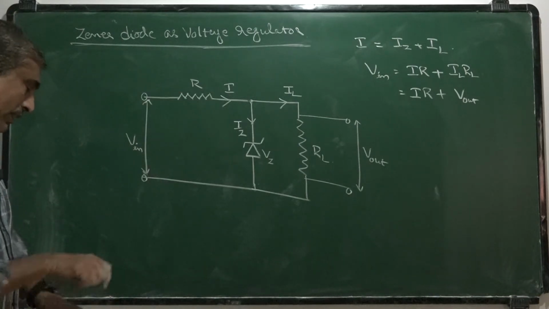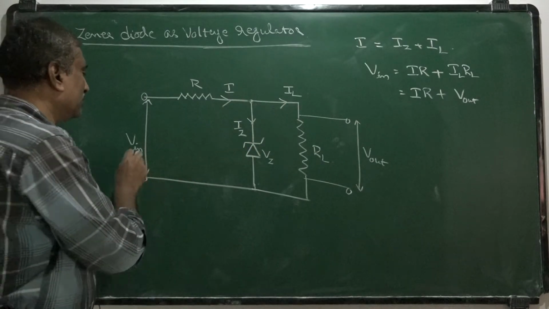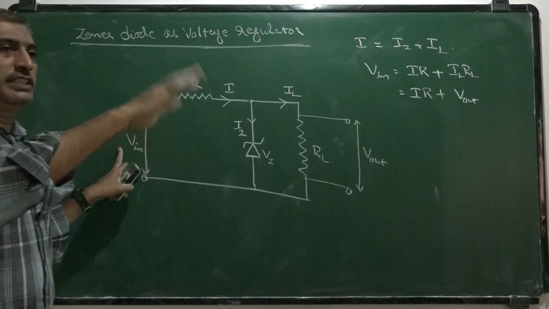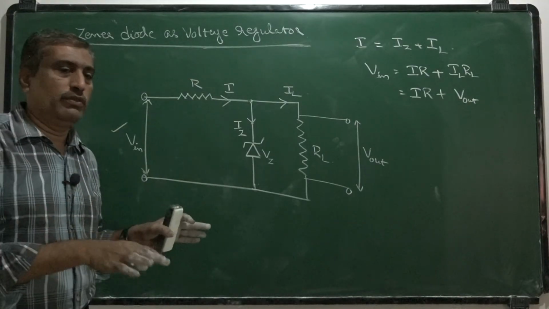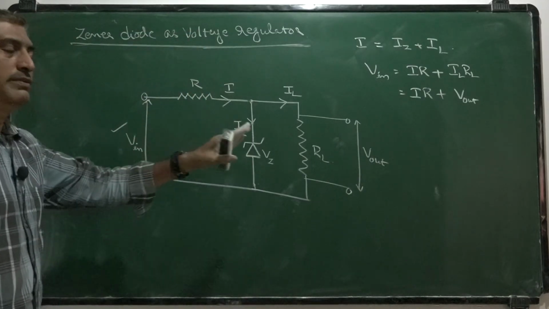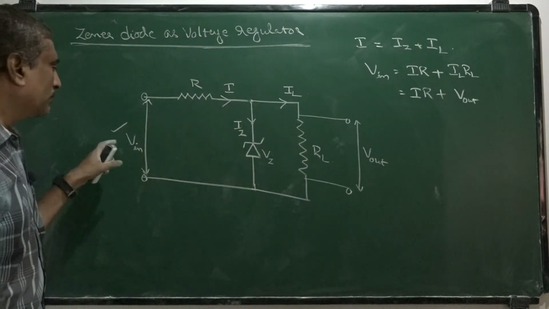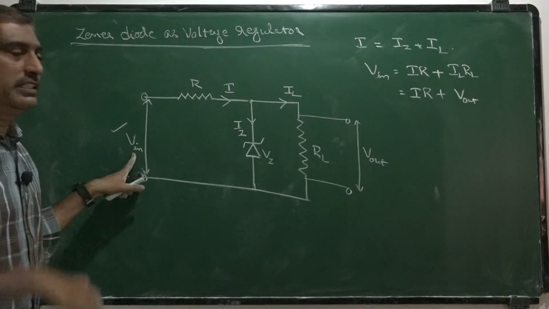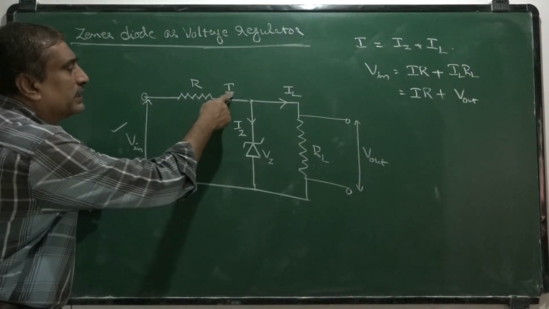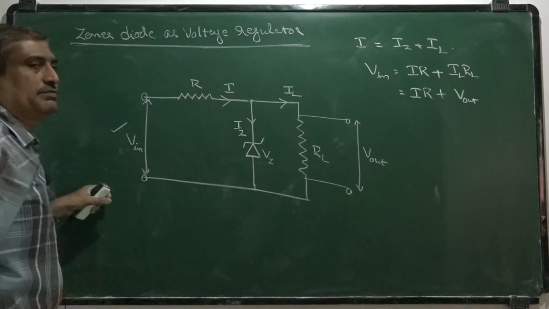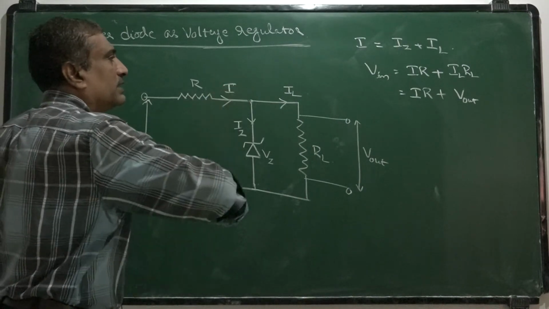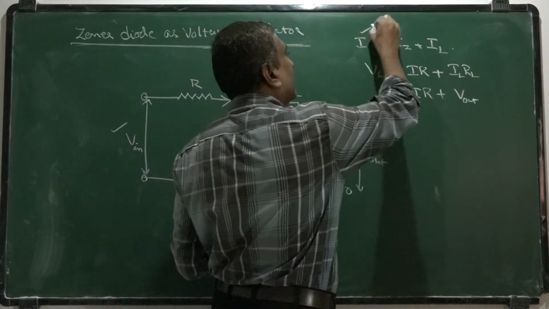Now suppose the input voltage is fluctuating, even though we have to get a constant voltage; the output must be constant. Assume there is an increase in the input voltage. Then the current I increases.